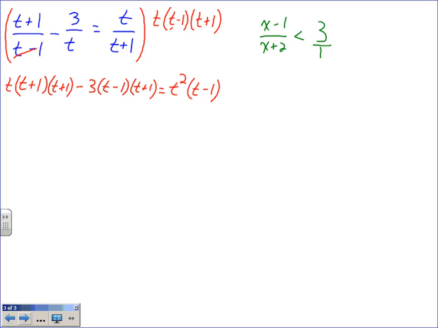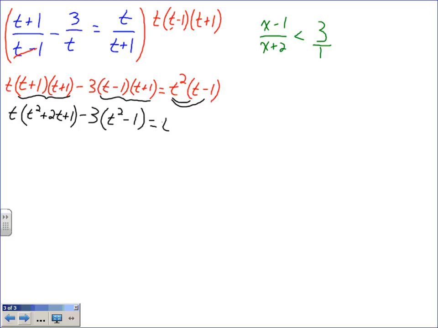And it looks like it's confusing, but once you multiply everything out, combine like terms, let's do that. So I have t times, if I square this, I'm going to get t squared plus 2t plus 1 minus 3 times, and if I use FOIL there, I'm going to get t squared minus 1 equals, I'll distribute the t squared here, and I get t cubed minus t squared.